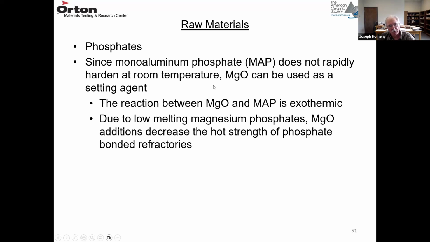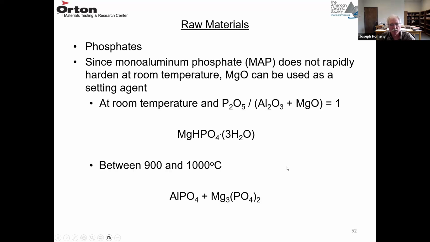One of the disadvantages of using MgO to set this material is it does form some low melting magnesium phosphates. And when you have low melting materials, you're going to decrease the hot strength of these phosphate bonded refractories. So you're adding MgO to react with MAP.